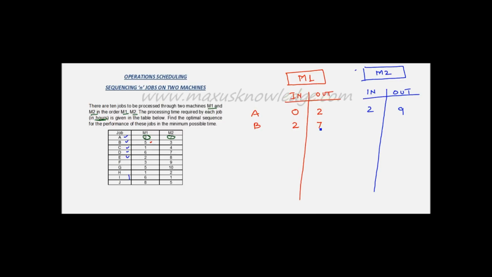Now even though B is out on the 7th hour of M1, M2 is still processing till the 9th hour. So M2 can take B only after the 9th hour, and then it takes 3 hours to process B on M2. So 9 plus 3 is 12. So B will come out of M2 after 12 hours.